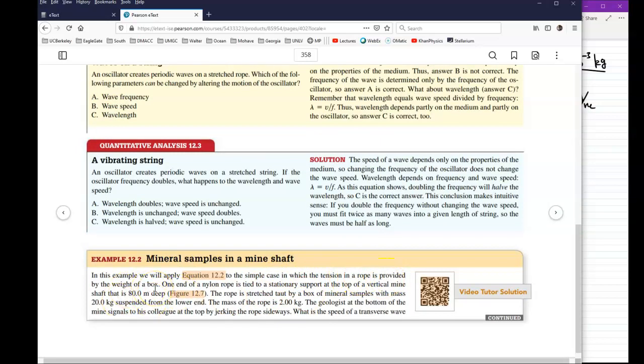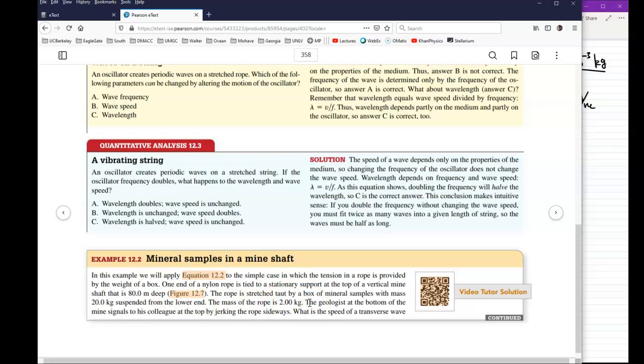He said one end of a nylon rope is tied to a stationary support at the top of a vertical mine shaft that is 80 meters deep. Okay, so we have a mine shaft 80 meters deep. The rope is stretched taut by a box of mineral samples with mass 20 kilograms suspended from the lower end. The mass of the rope is 2 kilograms.